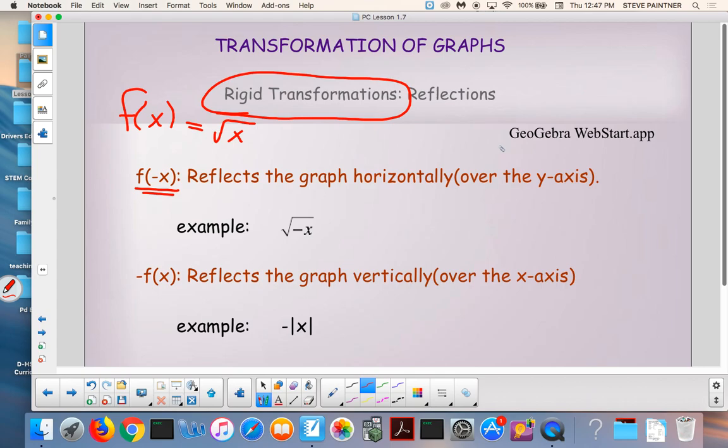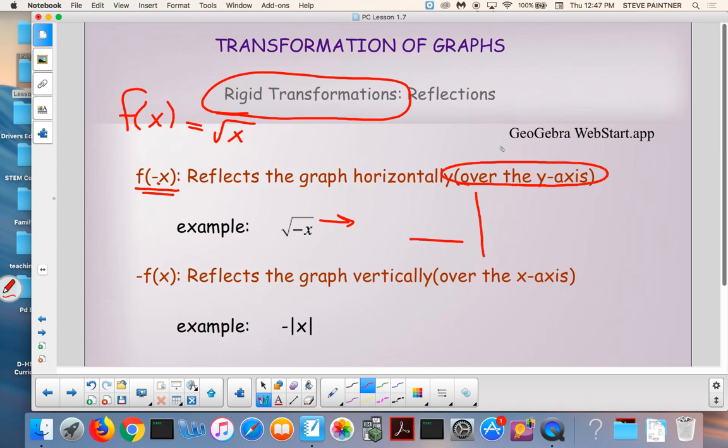When you switch x to negative x, you're checking for the y-axis. Okay, so if this is ever the case, it is a reflection of the parent graph over the y-axis. Okay. So when I see f of x becomes f of negative x, that's what they're talking about. If you go inside your function, and you switch x to negative x, you are reflecting over what?